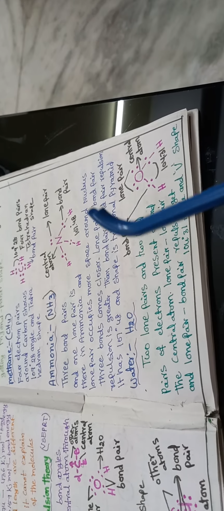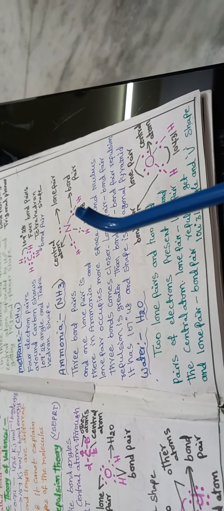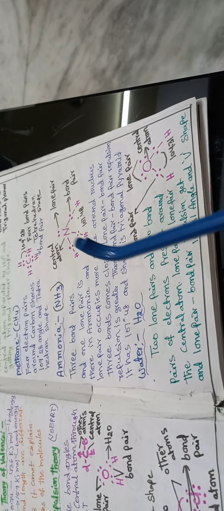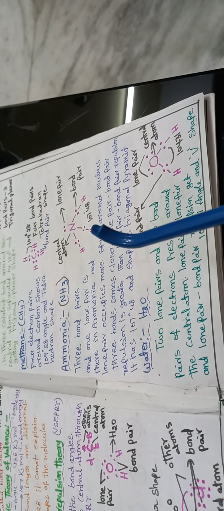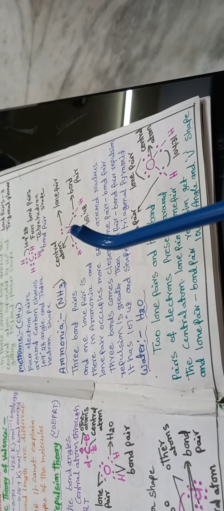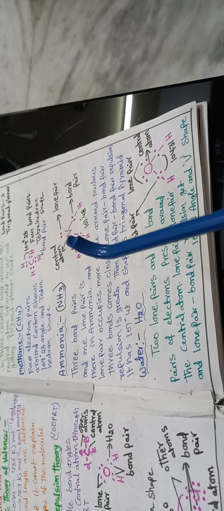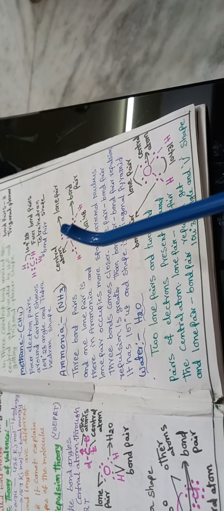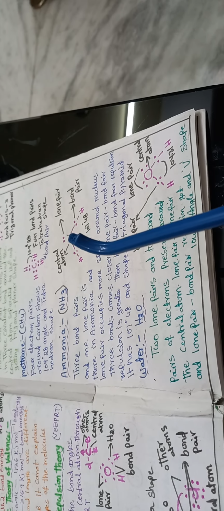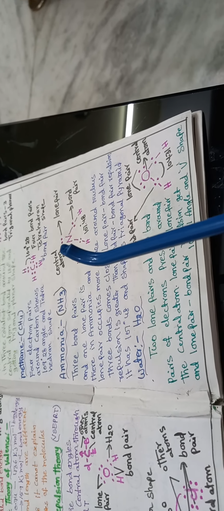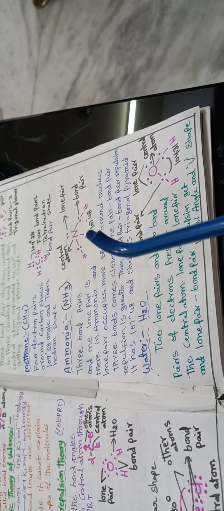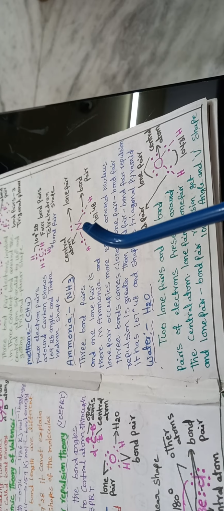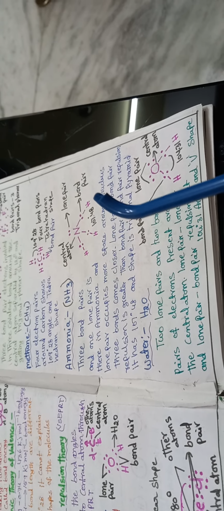So here the central atom is nitrogen and the other atoms, 3 hydrogens, are there. Here bond pairs can be seen and a lone pair also can be seen. These 2 electrons are not involved with another element. But here we can see the bond pairs between the nitrogen and hydrogens.